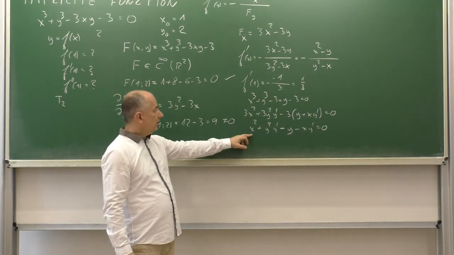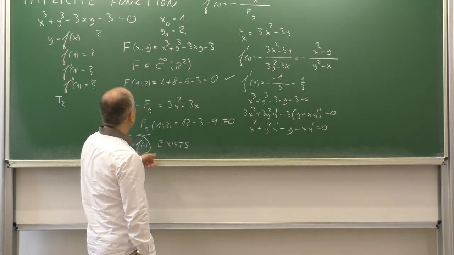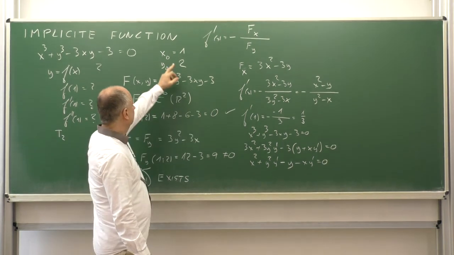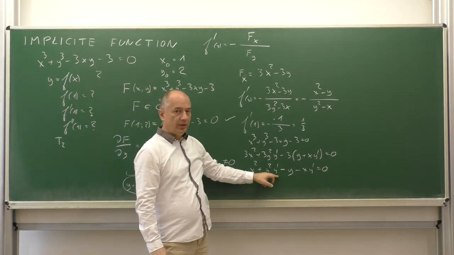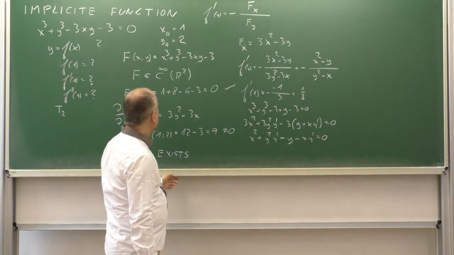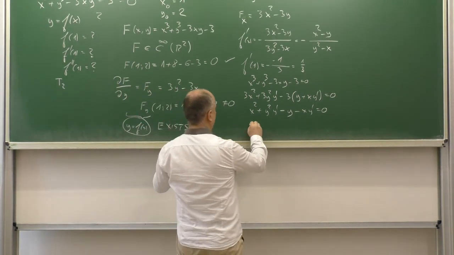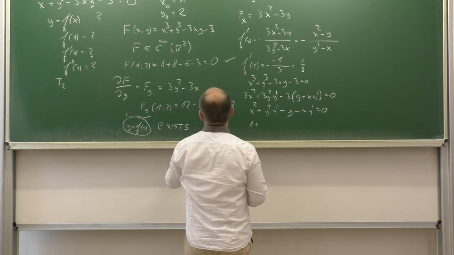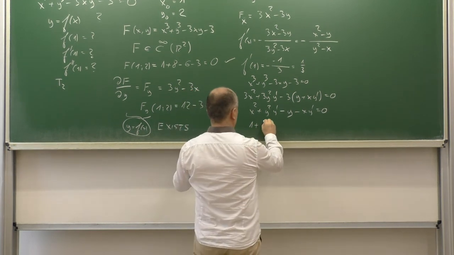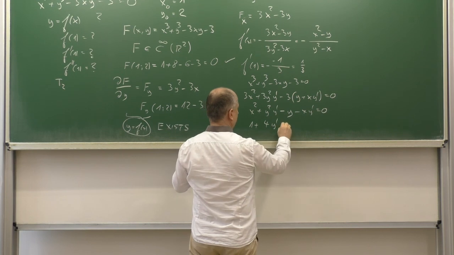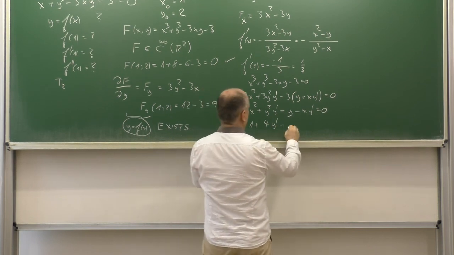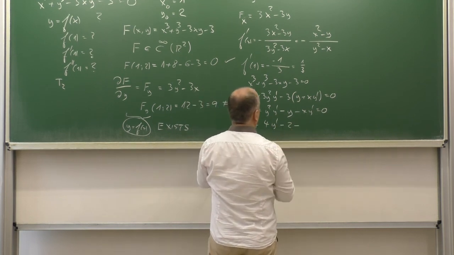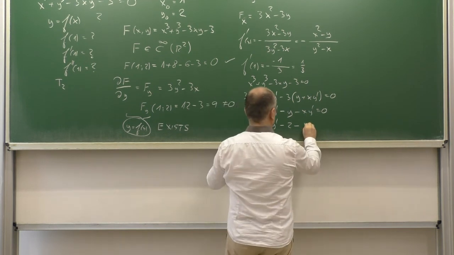And now substituting 1 for x and 2 for y, we can find y derivative. Namely, x is 1, so we have 1, plus y is 2, so we have 4 y derivative, minus y is 2, minus x is 1.